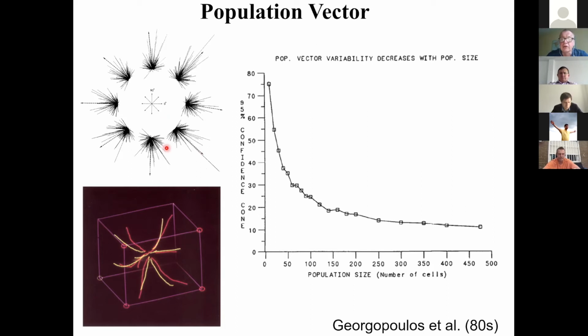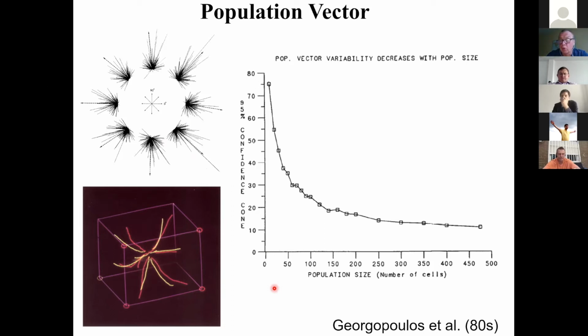Then a weighted sum is taken of these individual neurons' preferred directions. And then with this approach, if you have many neurons recorded simultaneously, then you can predict movement with good precision.